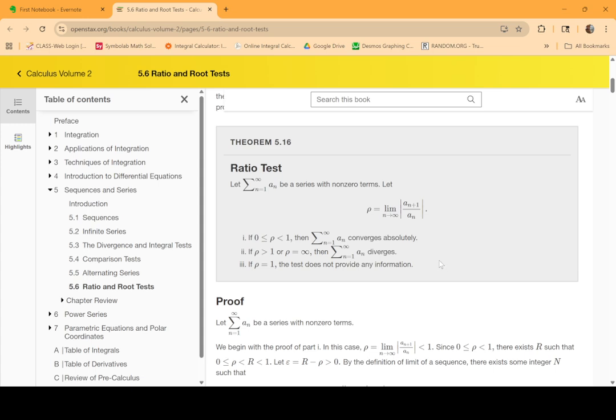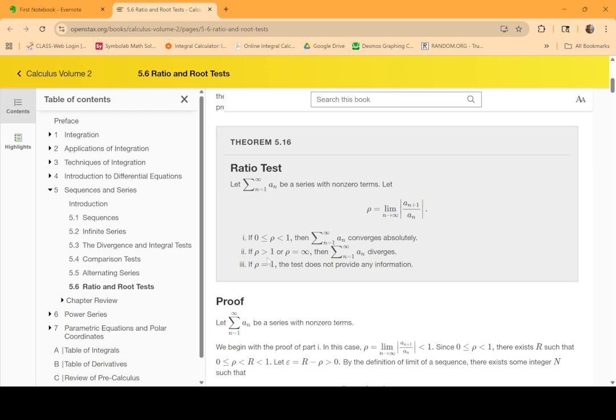What we're looking for is one of three things can happen. Since it is the absolute value, we're going to get a positive, and this Greek letter you see here is rho. They just define rho as the limit of that. If the value of this limit, which we're calling rho, is bigger than or equal to 0 but less than 1, then we can say the series converges absolutely.